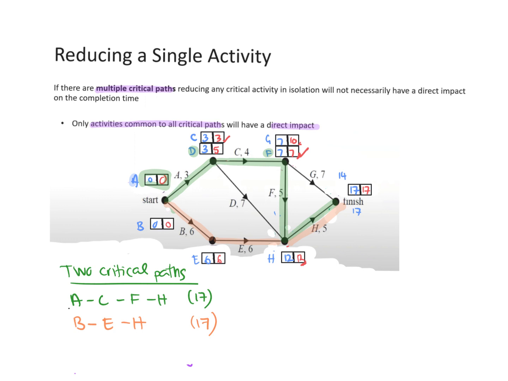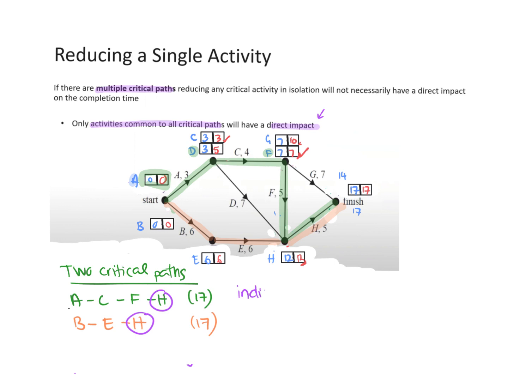So what we set up here, we said that if we're going to crash one activity, a single activity, we're going to look at the one that's in common with both. So you can see, yeah, H is the one. So all the rest won't affect. So maybe you write a little note.